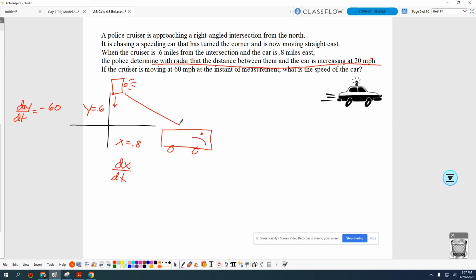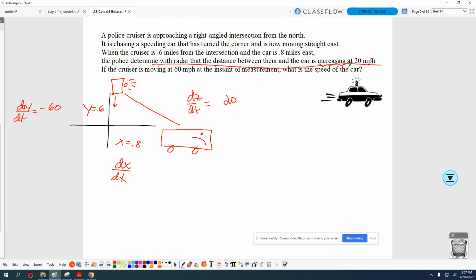So this line, what do I know about it? Carson, what letter should we call this distance? Z. So the change in Z over time, all of these are rates in time. How is this changing over time? Is it positive or negative? Positive, it's increasing.